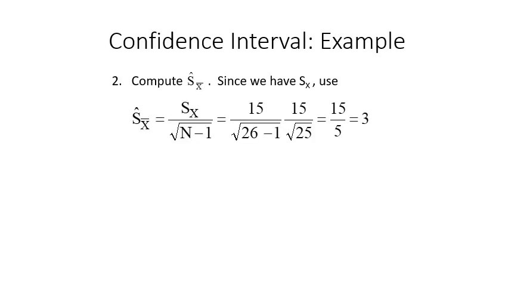So you'll recall from before, our estimated standard error of the mean is equal to our standard deviation of the sample divided by the square root of n-1. So we plug those numbers in. We've got an n of 26, so the square root of 26 minus 1 is 25. Our sample standard deviation was 15, so it's 15 divided by 5, or 3.